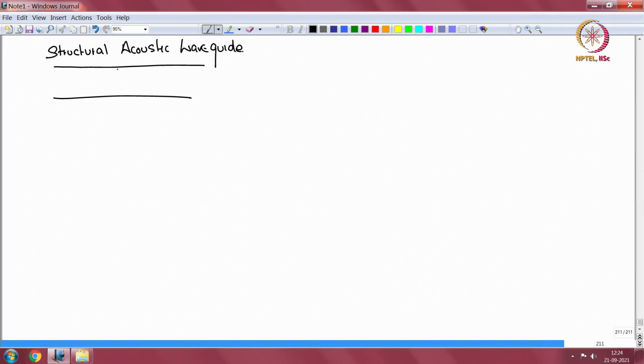So a column of fluid with a rigid plate on the top and a flexible plate at the bottom. We looked at the coupled dispersion curves, coupled waves through the coupled dispersion curve.